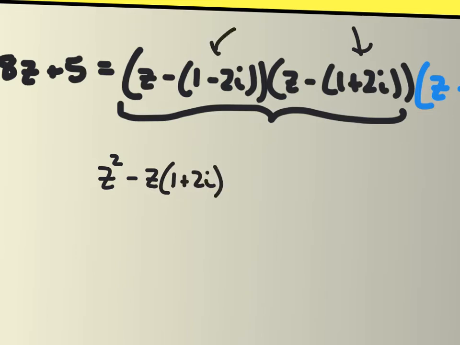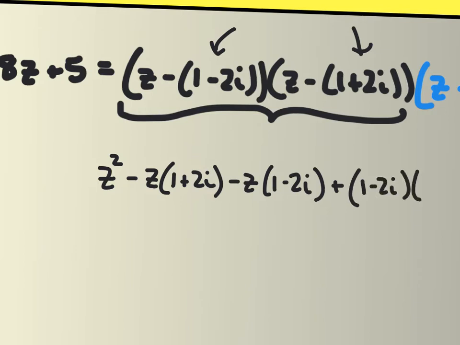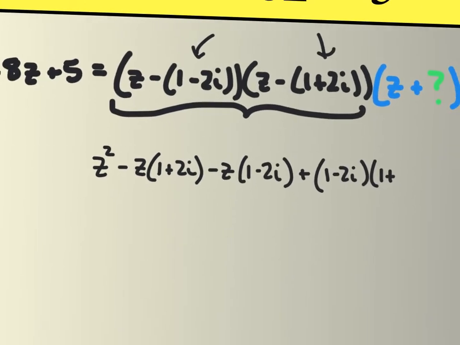Then I got z times this term here, so that's minus z times 1 minus 2i. And then I've got a negative times a negative, which will be a positive 1 minus 2i times 1 plus 2i.